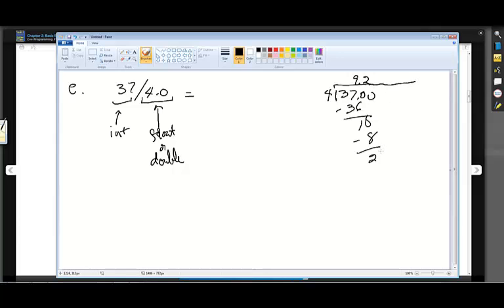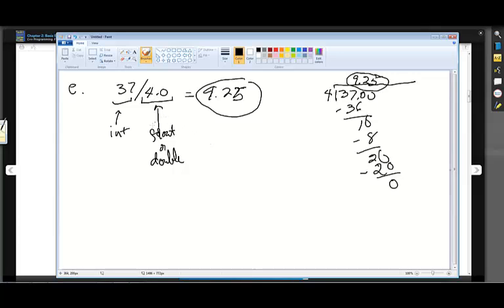Bring down another 0, so this becomes 20. 4 goes into 20 five times, and I subtract, I get 0. So the answer needs to include that decimal: 9.25. Sorry, my handwriting is kind of messy. So 9.25 is the answer because of the 4.0.